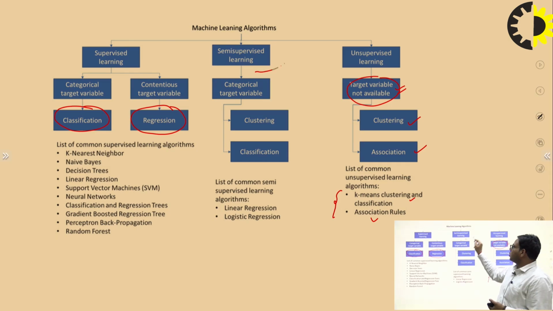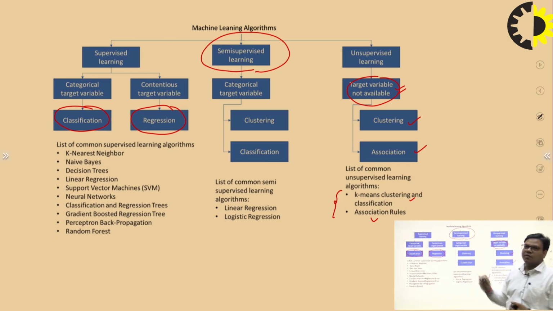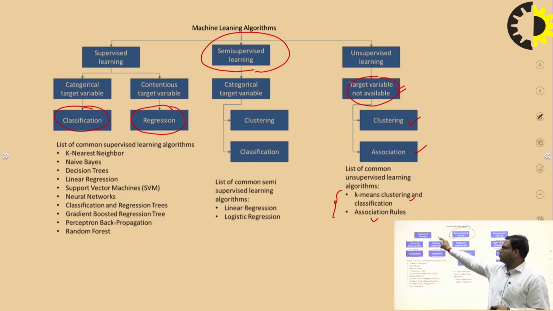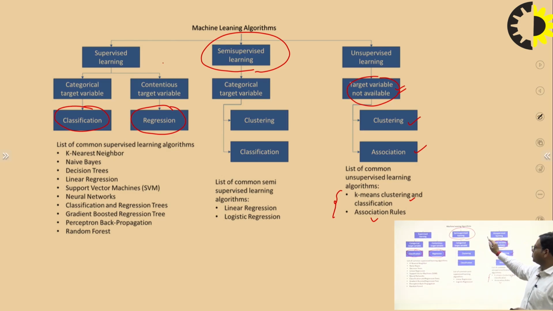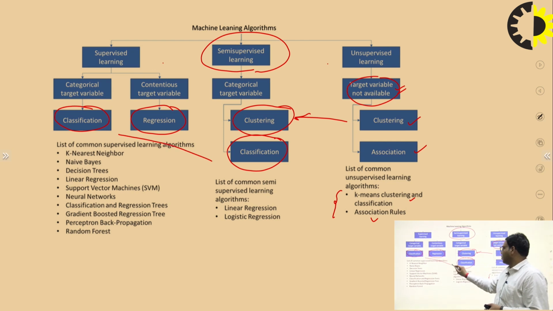And there is a special class called semi-supervised learning, when your data has properties of supervised learning as well as some properties of unsupervised learning. In that case also we use two types of learning, clustering and classification.